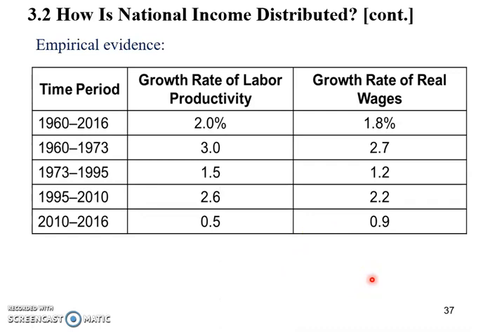So what we're looking at is from 1960 to 2016, these 57 years. We find that over this period, the growth rate of labor productivity equals 2%, and the growth rate of the real wage equals 1.8%.